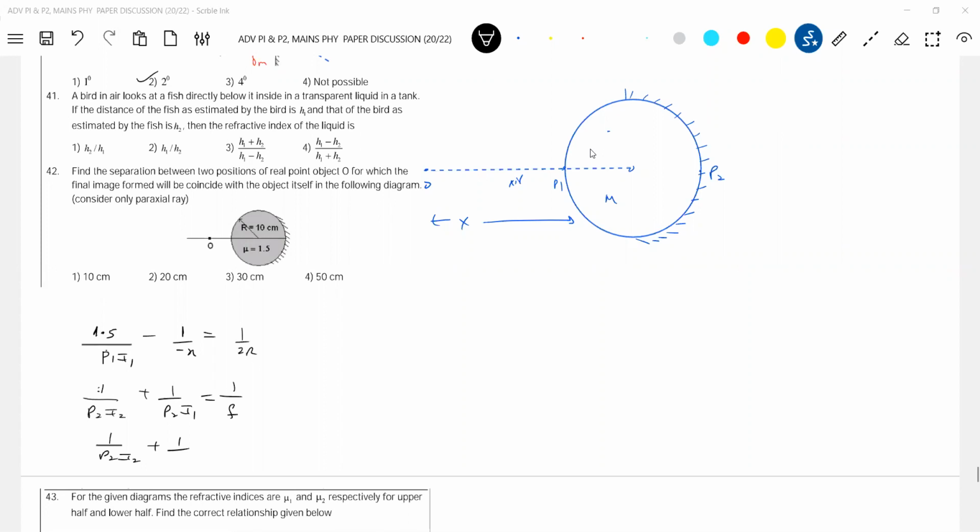If the image is formed here, the rays after reflection, I1 should be either at the center of the sphere or at P2.